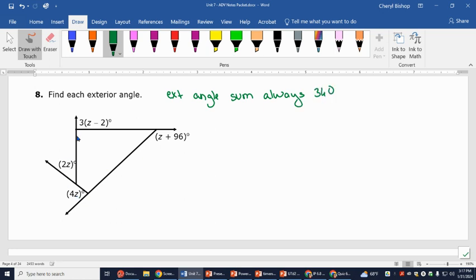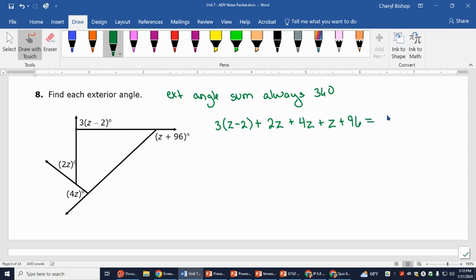So if I take all of my exterior angles, one exterior angle from each corner, they're going to add up to 360. So I'm going to start here: 3 times (z minus 2) degrees plus 2z plus 4z plus z plus 96.